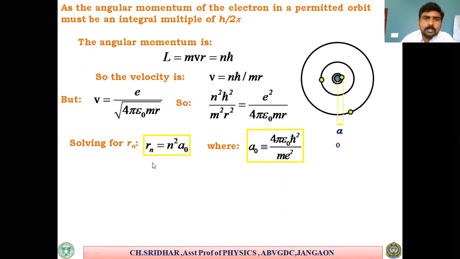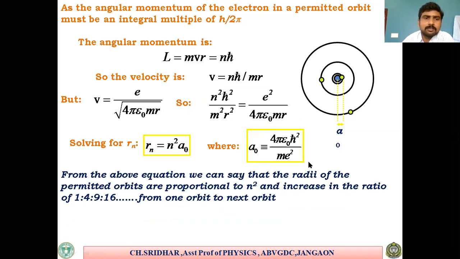Right. So Rn is equal to n square into a naught, where a naught is a constant equal to 4 pi epsilon naught h cut square by m e square. From the above equation, we can say that the radii of the permitted orbits are proportional to n square.